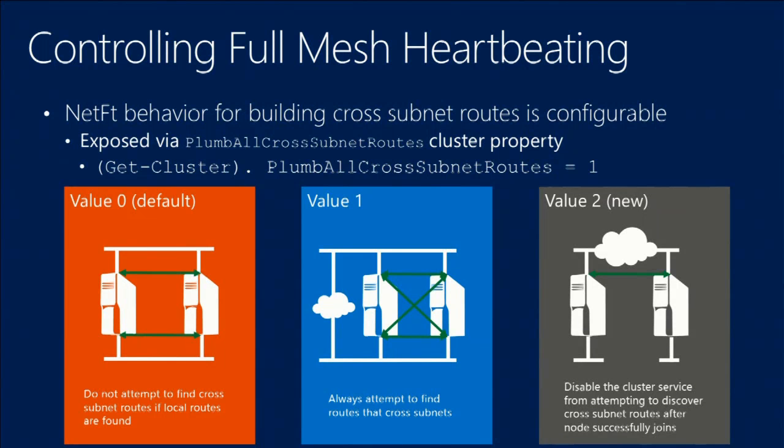But if you don't even want that traffic to happen, then you can set it to value 2, where cluster would heartbeat only between the same subnet, and not just that, it would stop identifying new routes between two nodes if you have a same subnet route available.